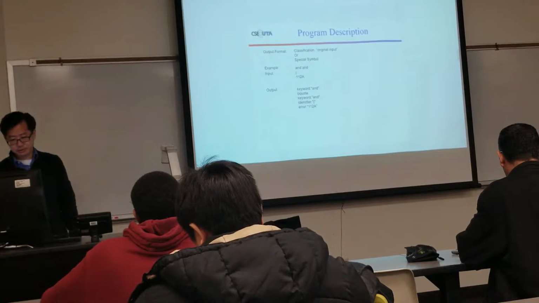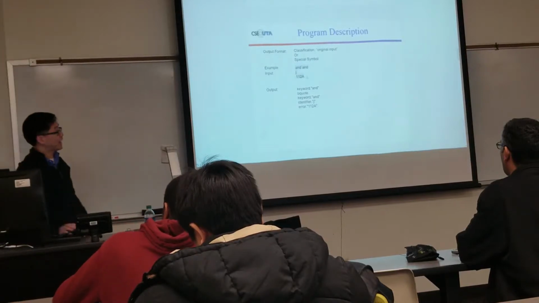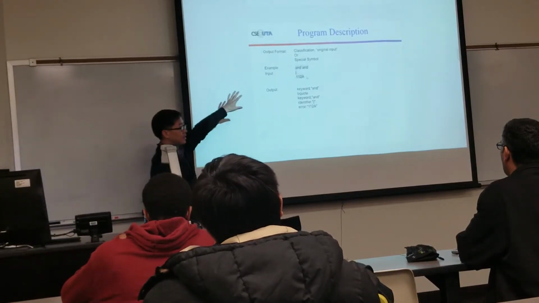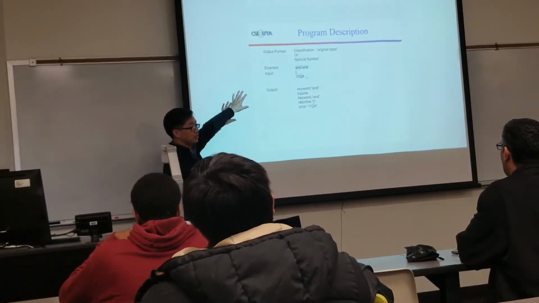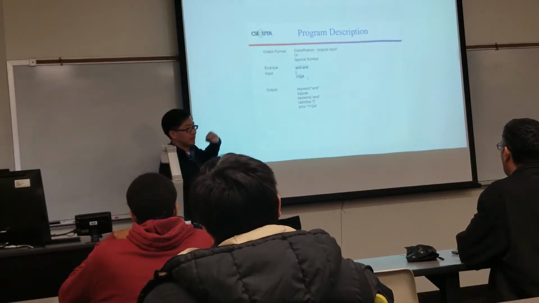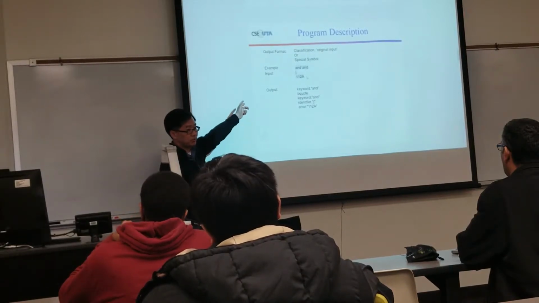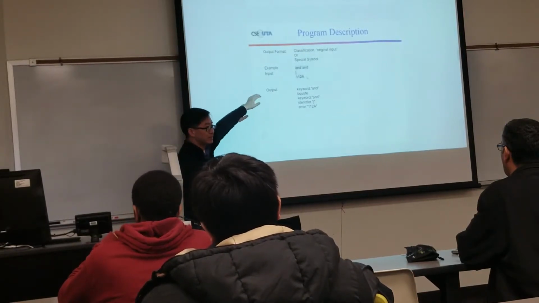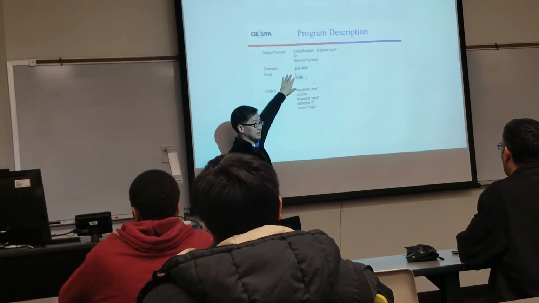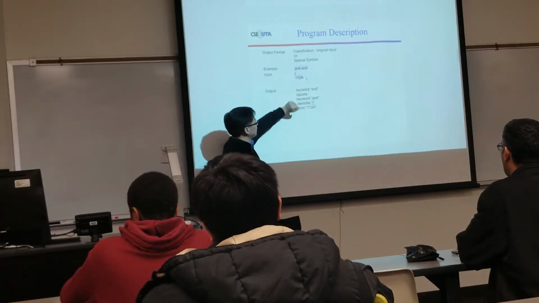So for example, if you just put this into a file and provide the location of the file to the program, it is going to process what you have in this file.